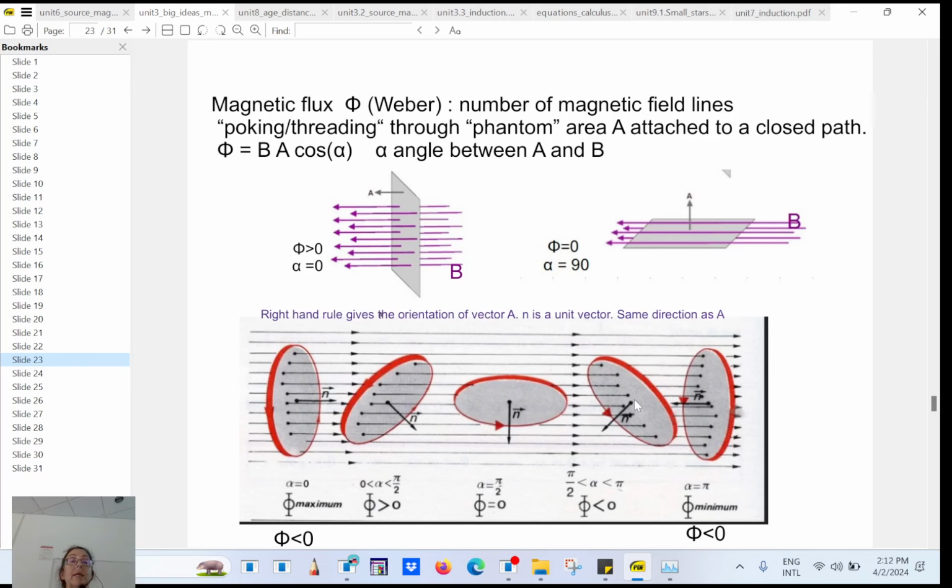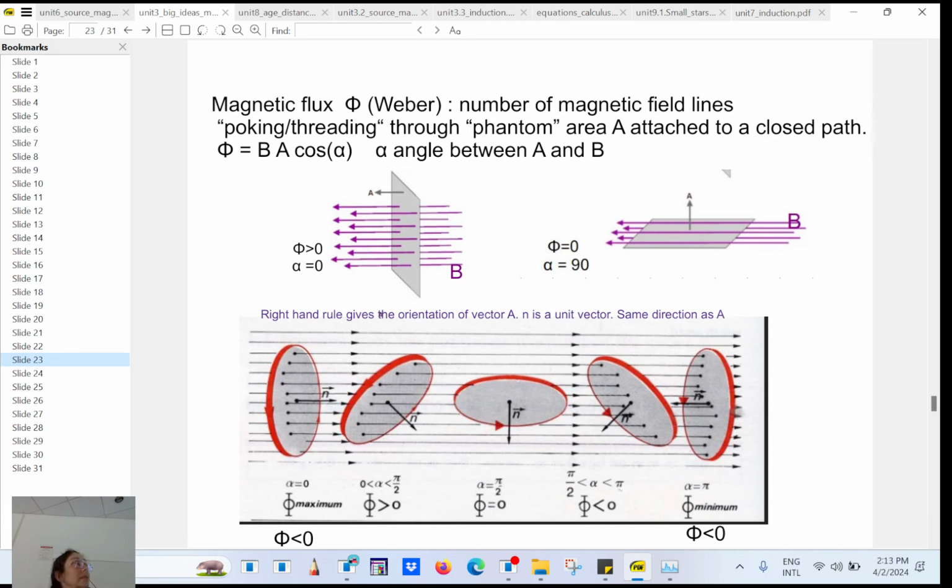Then it keeps spinning. From here to there, the magnetic flux is going to increase again in magnitude. And here again it's maximum in magnitude, except it's negative, because the orientation is this way and the magnetic field is that way, so the flux will be negative.